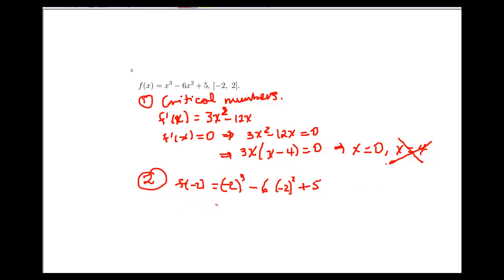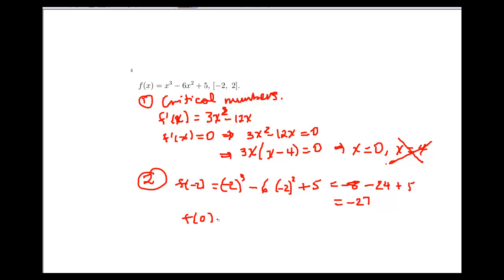That gives you -8 minus 24, since -2 squared is 4 and 4 times 6 is 24, plus 5, and that gives us -32 plus 5, which is -27.